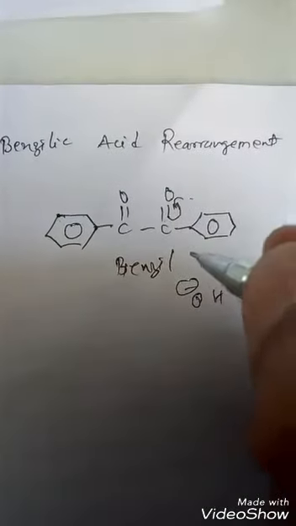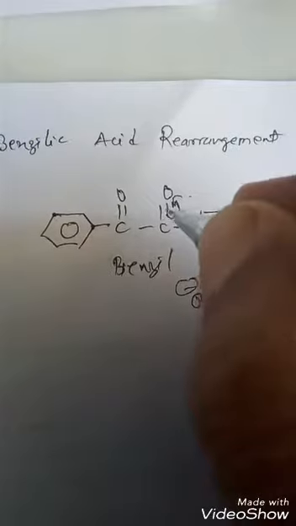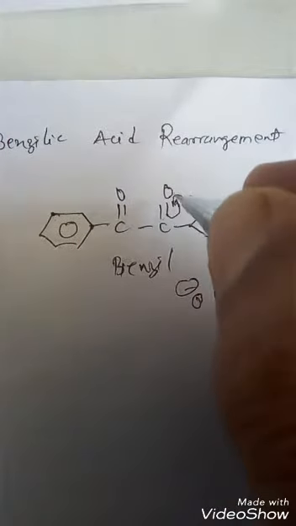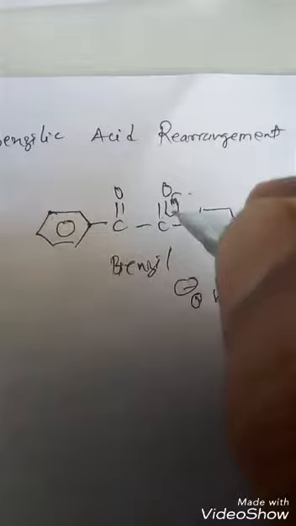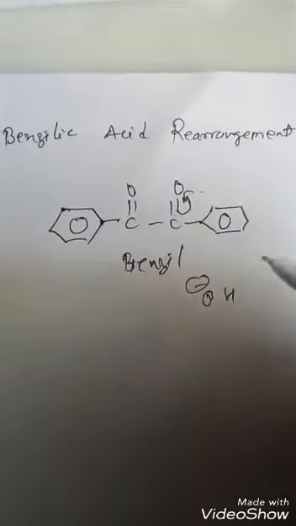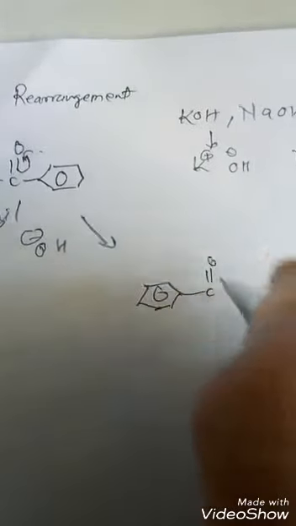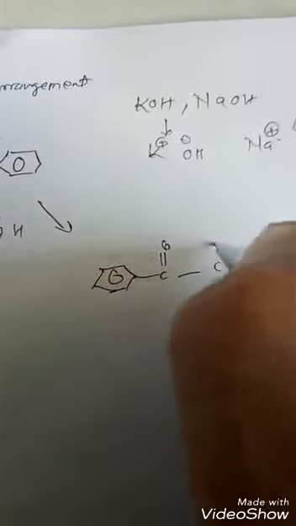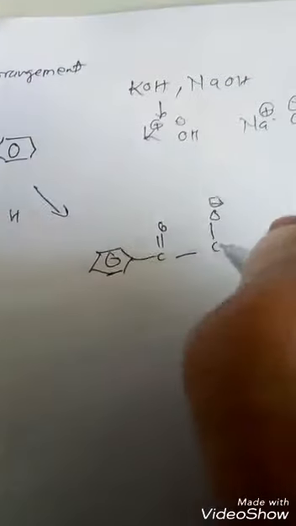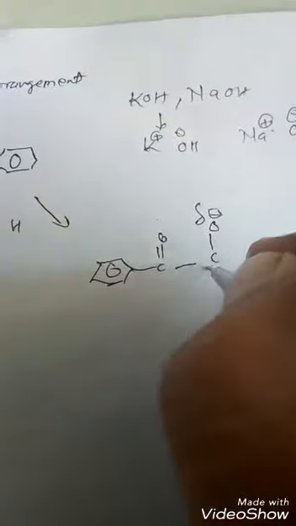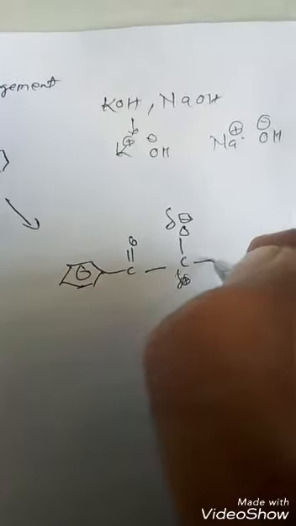This is a driving force, and because of this pulling of electrons toward oxygen, because oxygen is more electronegative than carbon, the structure becomes like this. Everything else is as it is. Now, because the electrons are going toward oxygen, oxygen has a delta negative charge and the carbon has a delta positive charge.